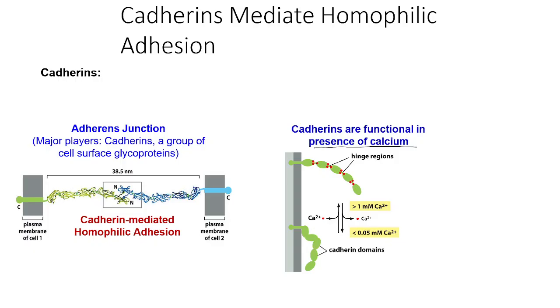They belong to a major family of adhesion molecules in cell-cell anchoring junctions, and are cell surface glycoproteins as well. In adherens junctions, cadherins mediate homophilic adhesion, meaning that cadherins on one cell bind to identical cadherins on the neighboring cell.